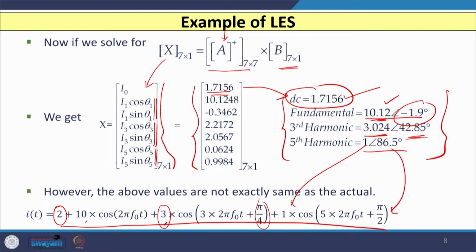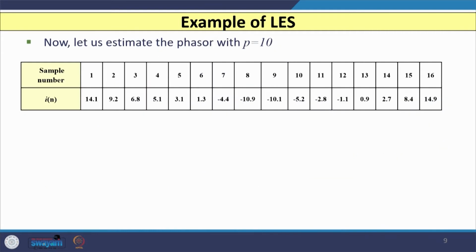So, further to get the accurate result of these phasor values of DC, fundamental, third and fifth harmonics, let us increase the number of samples, that is P. As I told you, when we increase the value of P which is greater than 2H plus 1, then your matrix A becomes non-square, and that is why you have to take the pseudo inverse.